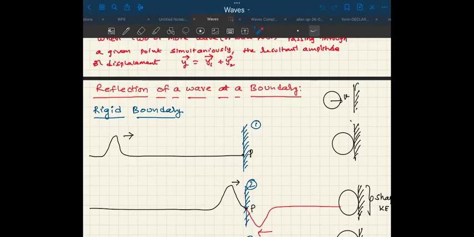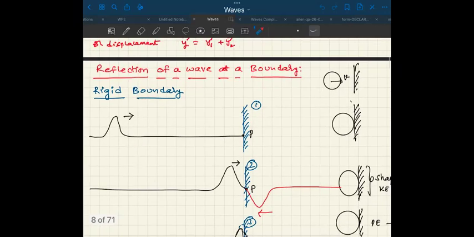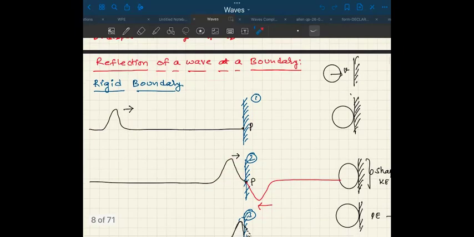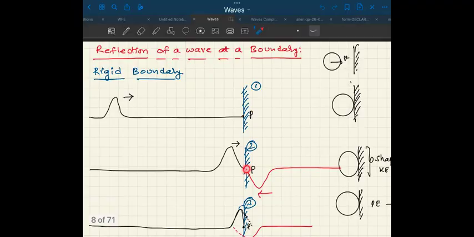Boundaries are again of two types. One is a rigid boundary, the other is a free boundary. When it meets a rigid boundary like this, what happens? You see this pulse reaching the rigid boundary. Remember, the thumb rule is the point P cannot displace.